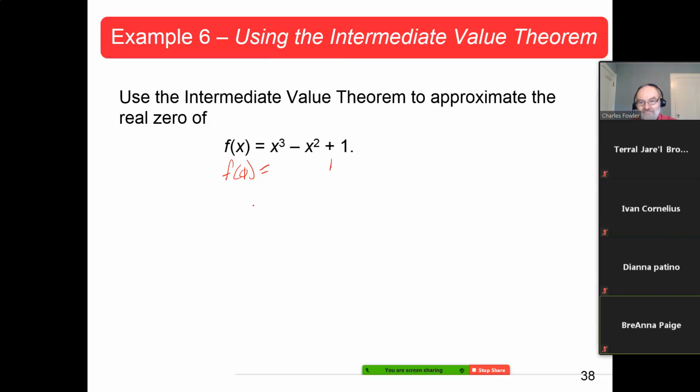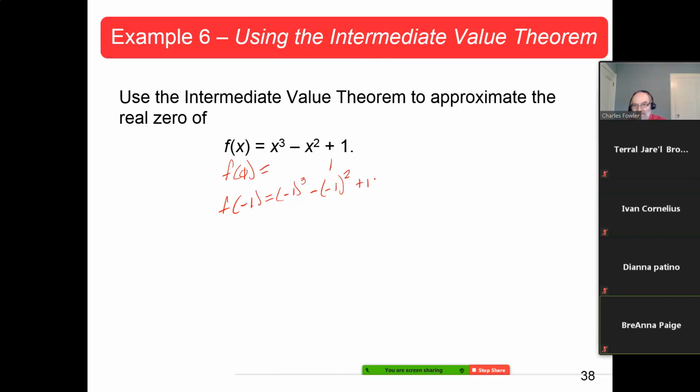Okay, now I think our greatest bet here is to go negative, because that was positive. So let's do f of -1. That would be -1 cubed minus -1 squared plus 1.